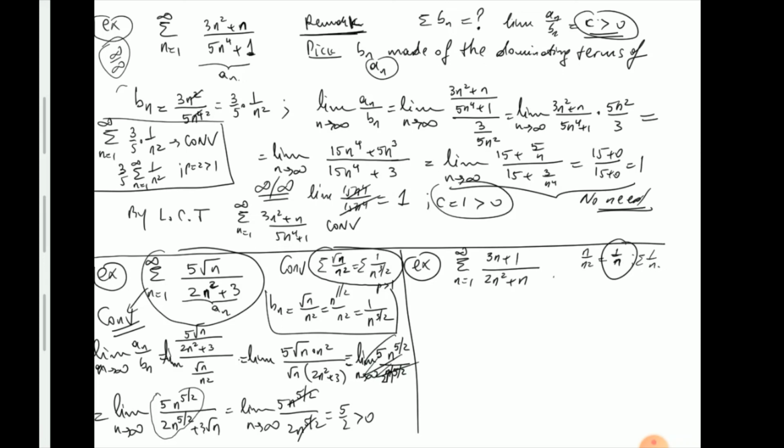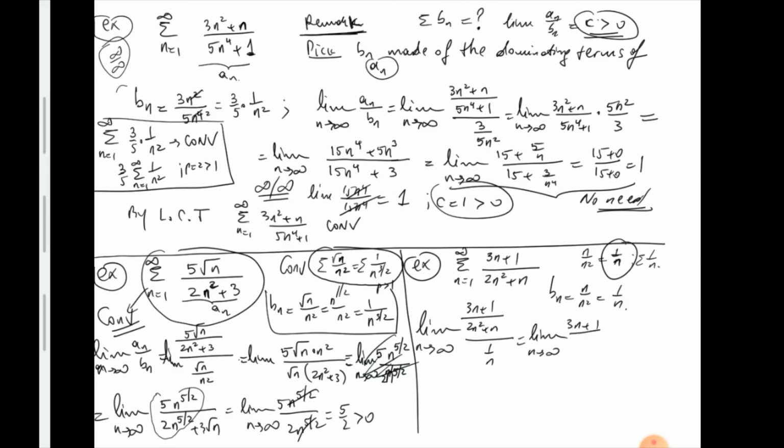Here again, bn, like I said, is going to be made of the dominating terms, 1 over n. And then when you take the limit, as n goes to infinity, of 3n plus 1 over 2n squared plus n, over 1 over n, you should end up with a positive limit.